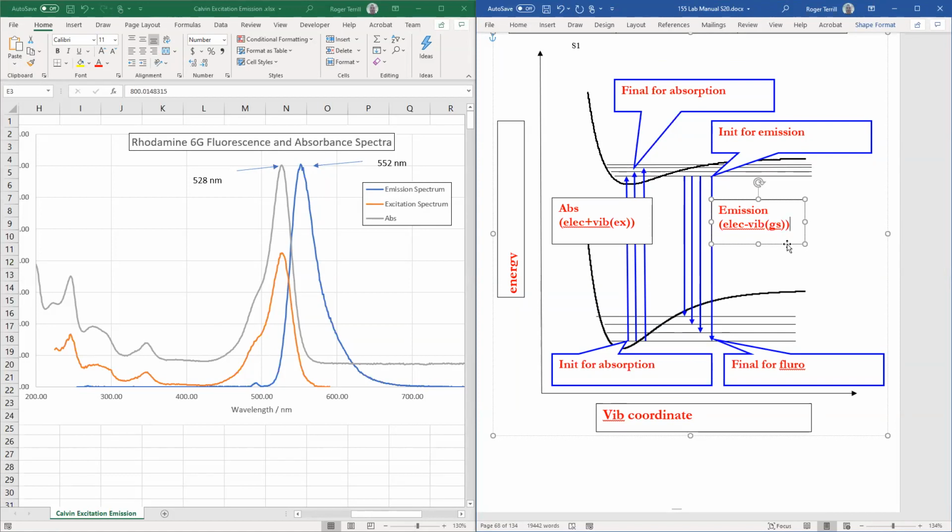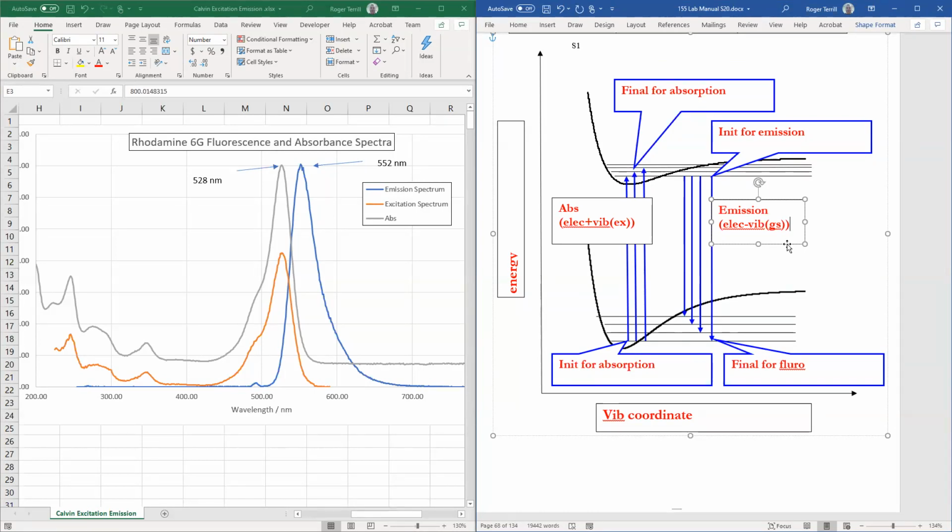So why are they similar? Vincent's question, I think, was why do they look like mirror images?